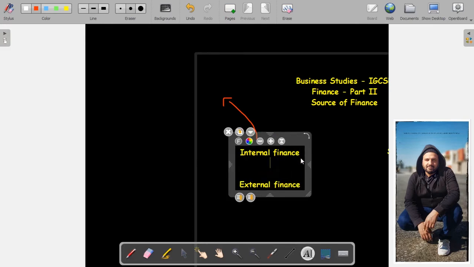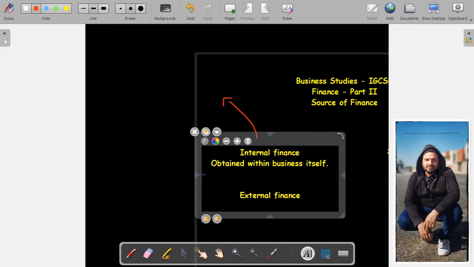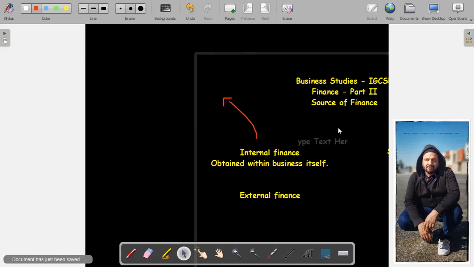Internal finance is obtained, most of the time, within the business itself. This means that this source of finance will be provided by the business or the company itself. They're not going to take it from an outside source.